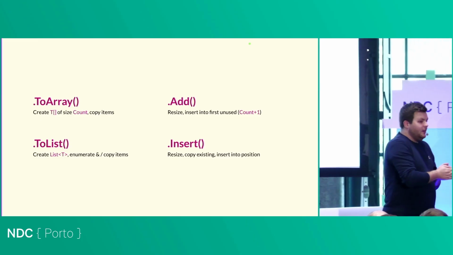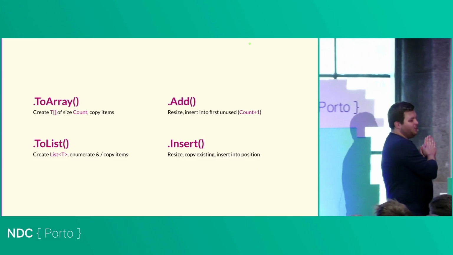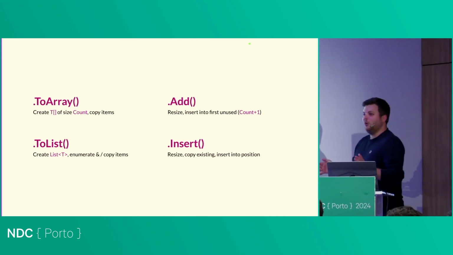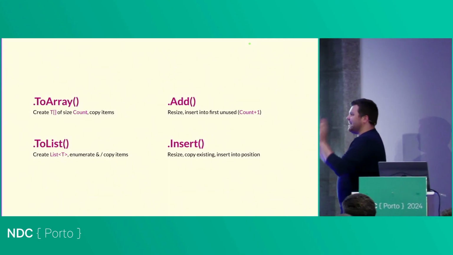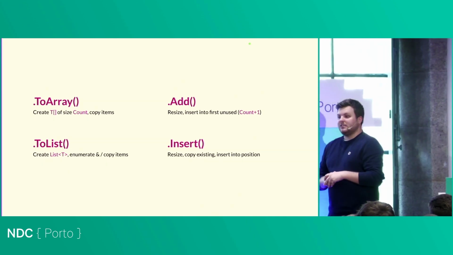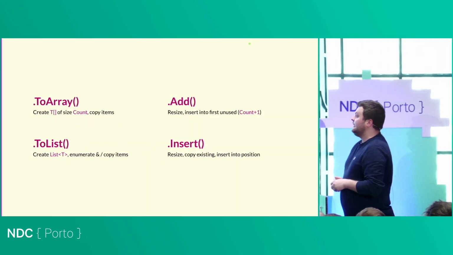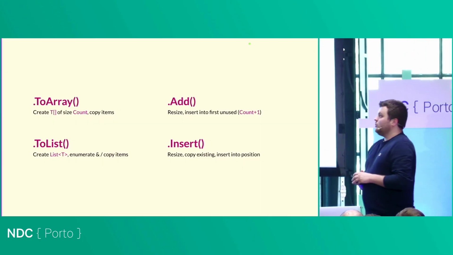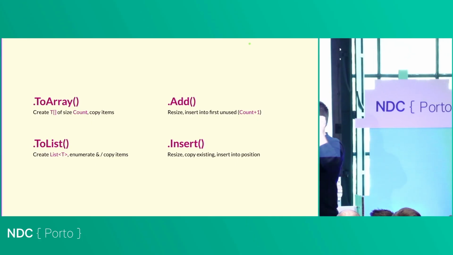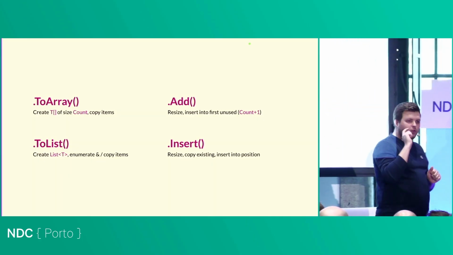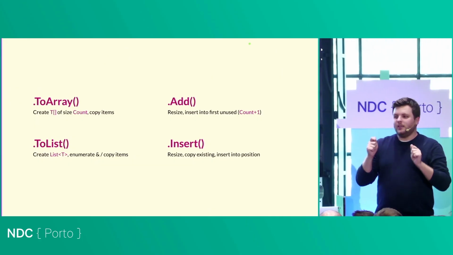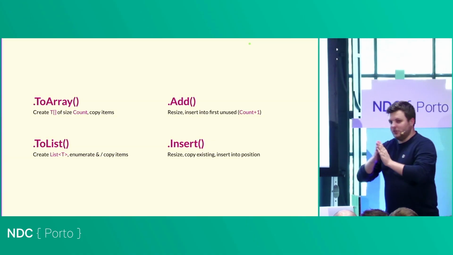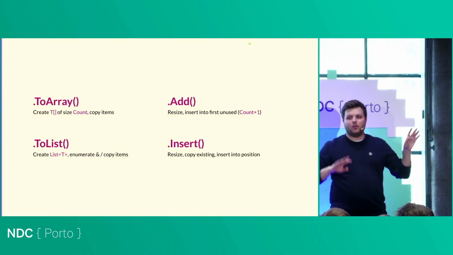But that array, depending on what you copied from, will either be dynamically sized or will be the exact size you need. So if I have a list of items that's got 7 items in it, and that has a count property, .NET will go, okay, it's got a count property, and there's only 7 items in there, so when you're calling ToArray, we know you only need an array of 7 items. And so it's going to create an array with just 7 items, nothing spare, nothing more, nothing less.